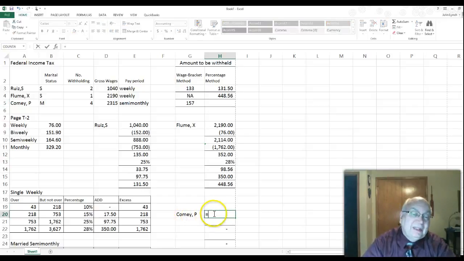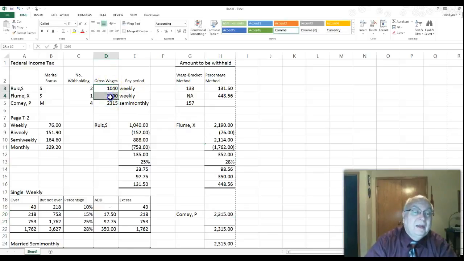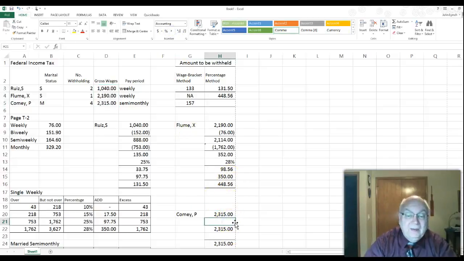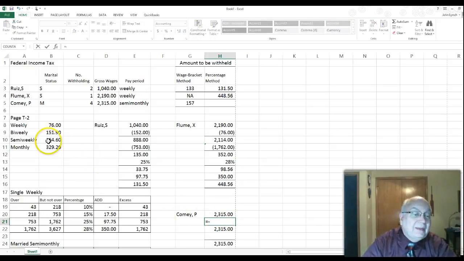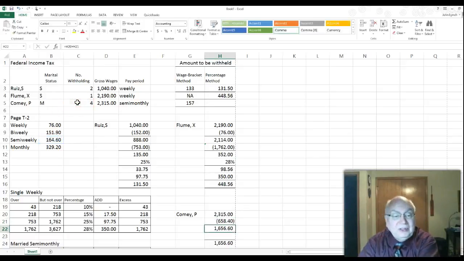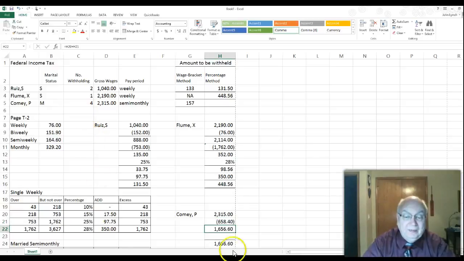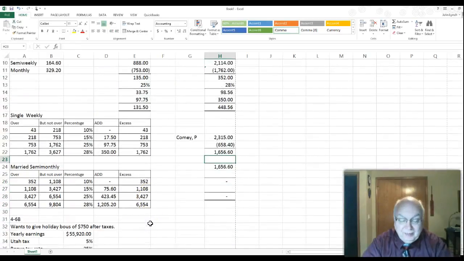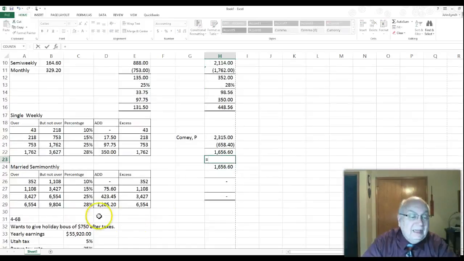So this was a different chart. A semi-monthly chart, the gross pay was $2350. This individual is married with 4, but we don't care at this point. This was semi-monthly, so we take the 164 times the number of allowances, so we subtract off 658.40. Okay, now this one had a different table. This was married semi-monthly, so again, that's a different table.